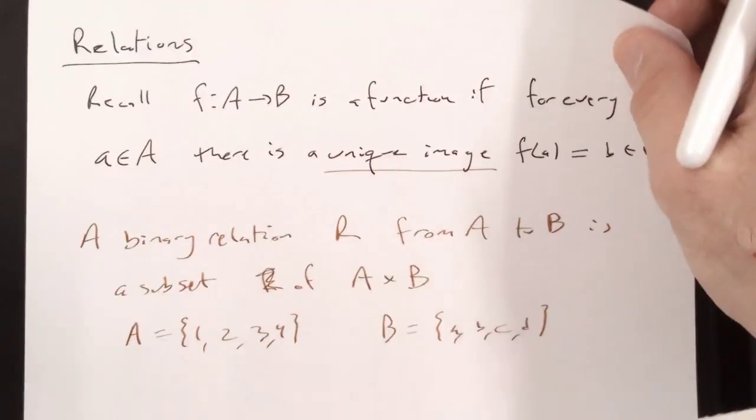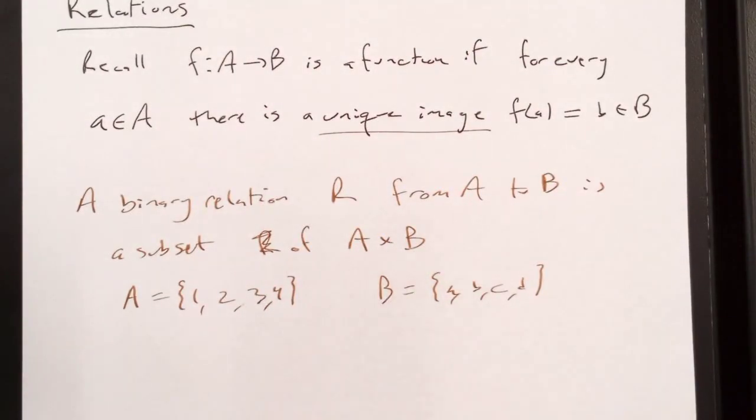But what is the cross product A cross B, the Cartesian product? What's it look like? 1A, 2A, 3A, 4A.